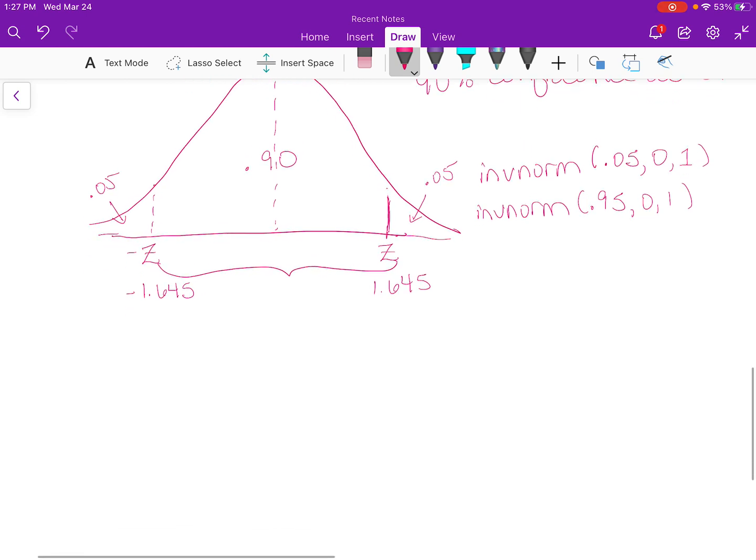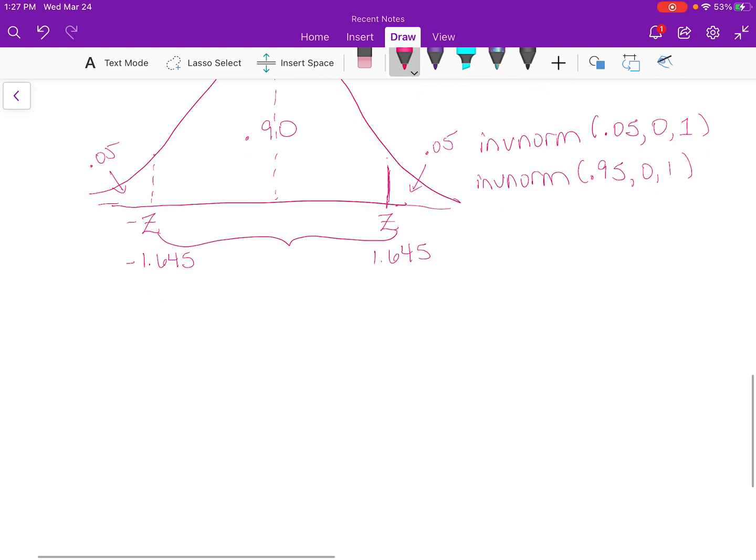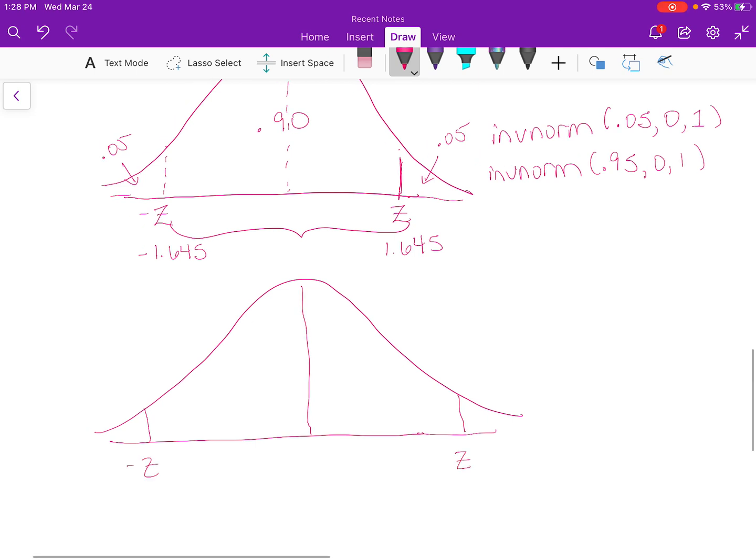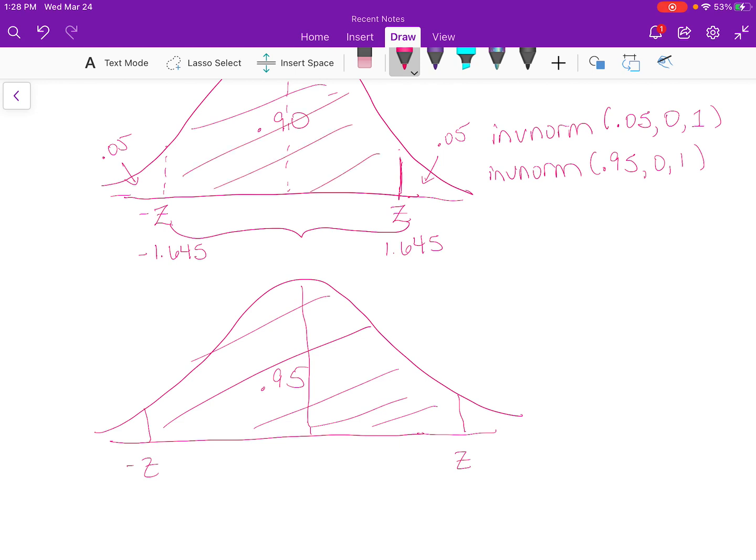So that kind of takes you through how I would find a z-score. And I told you that the common ones we were going to use were 90, 95, and 99. So I'm going to go ahead and do those for you. So the negative z-score and the positive z-score associated with 95% being in between. So I would do inverse norm. This time, if 95% is in between, then that means 0.05 is outside, and divide that by 2, and you get 0.025.